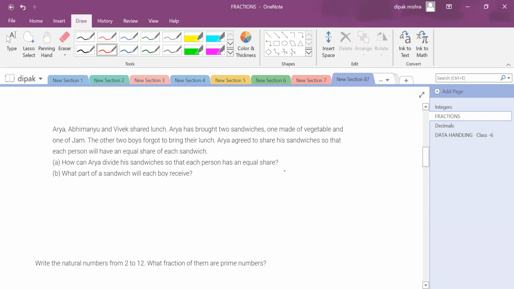So what can he do? He will divide the whole sandwiches. There are 2 sandwiches. He will divide his sandwiches into 3 parts because there are 3 boys. And what part of a sandwich will each receive? Think of this question.